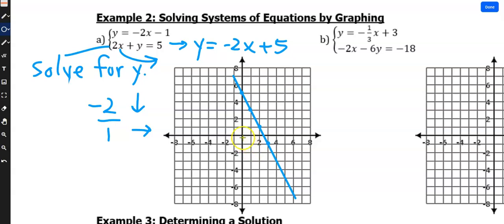The other one, the original one, had a negative 1 for the y-intercept, and it was also negative 2. So that'd be down 2, right 1.